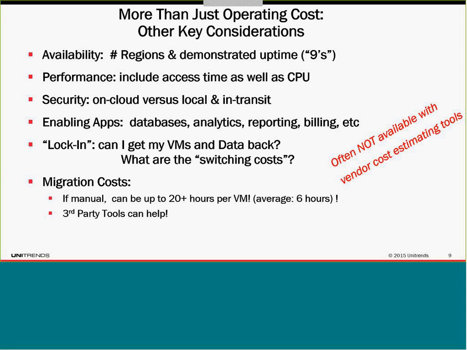So third-party tools can certainly help cut the manual time to migrate, and in many cases the overall cost as well. These are things to be considered that typically you won't find in the costing estimators on these various websites.